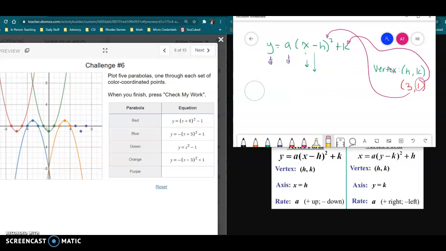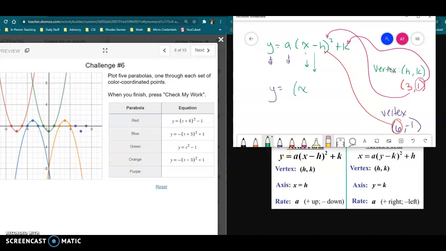That's pretty cool. So now let's look at the purple here. I know that it's going to be pointing up, or concave up. And now my vertex is 6, negative 1. So now I'm going to take this 6, plug it in for h.